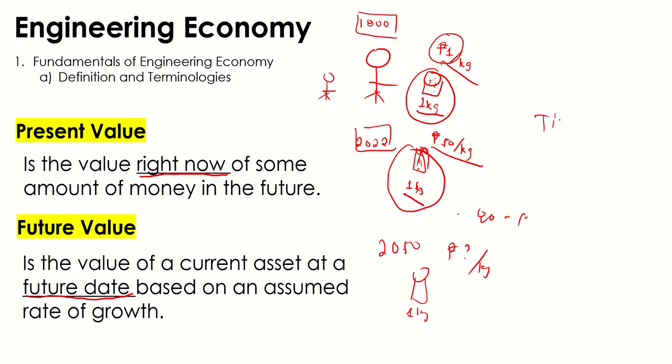When you factor in time, money changes in value. So when we say present value, it is the value right now of some amount of money in the future.